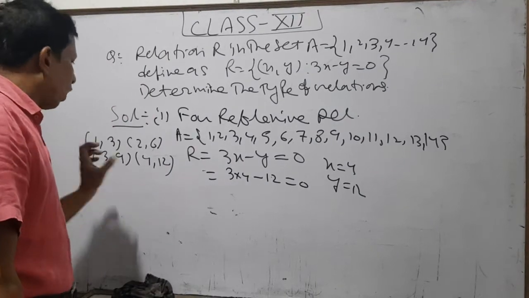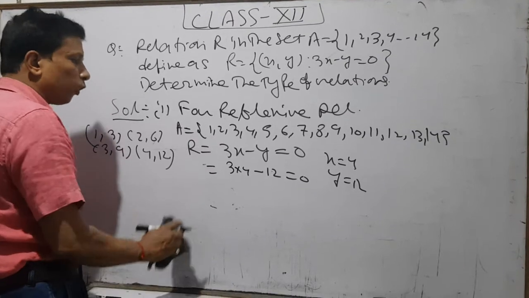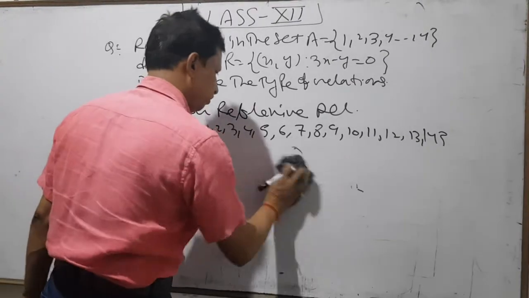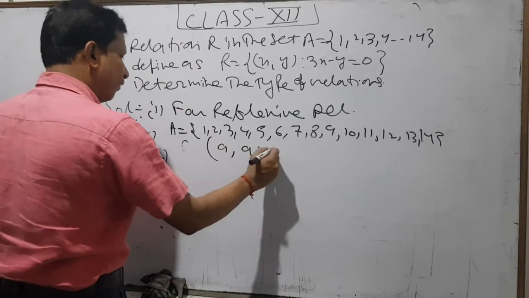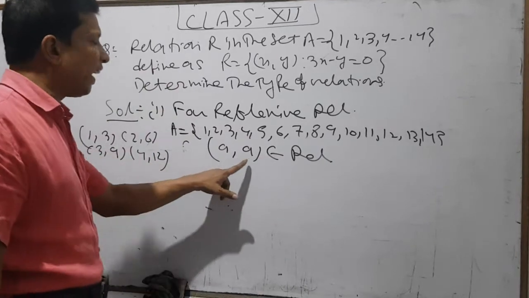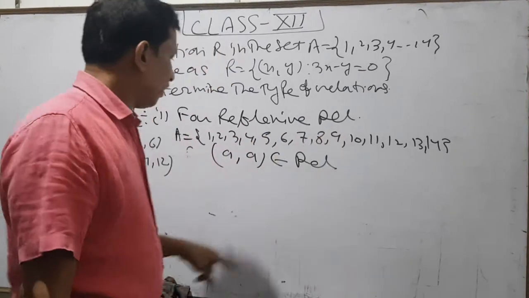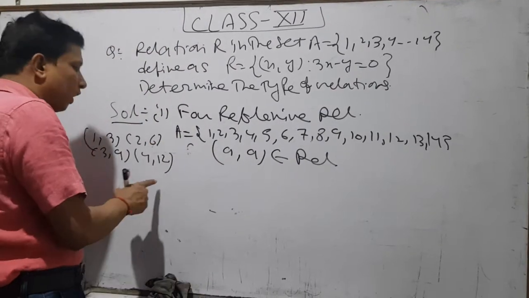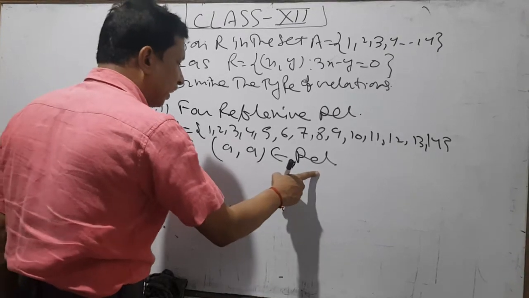In these ordered pairs, for reflexive, we know that (a, a) belongs to the relation, meaning domain and range are the same for a reflexive relation, and we don't have any ordered pair where the domain and range are the same.